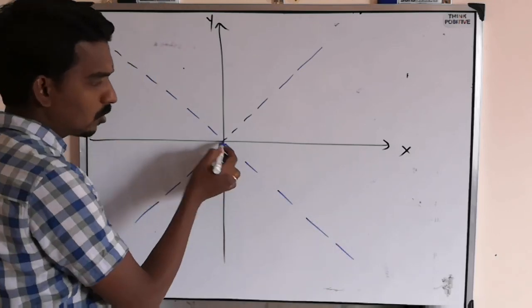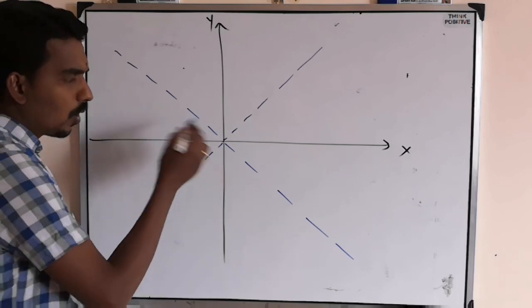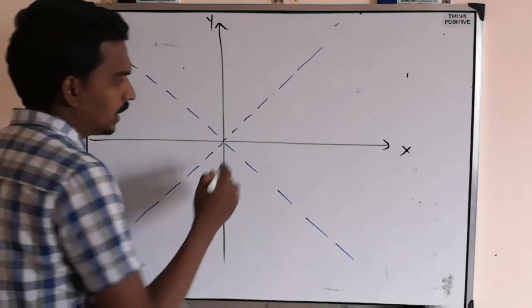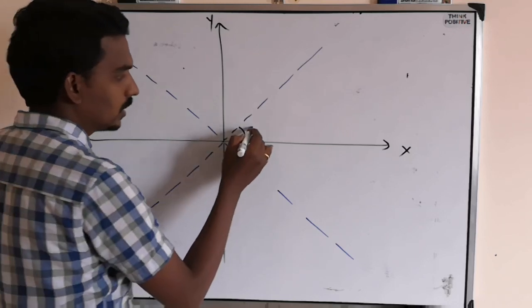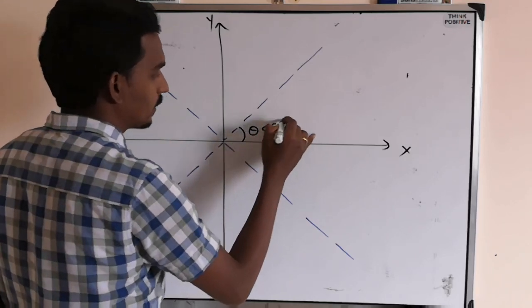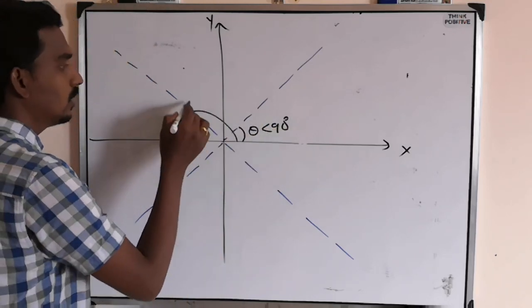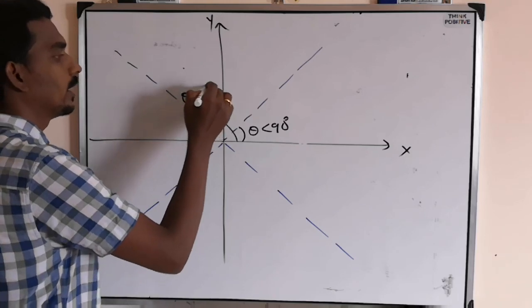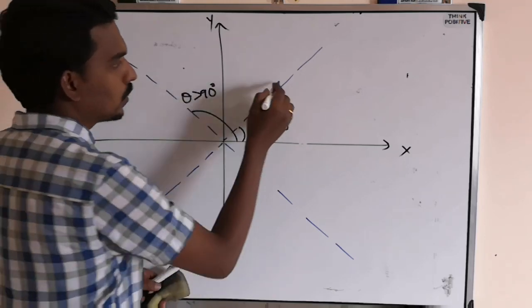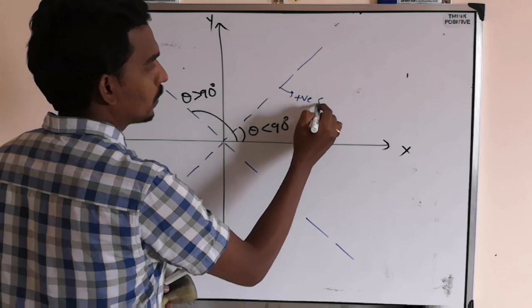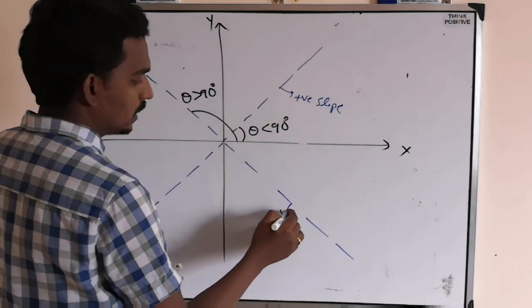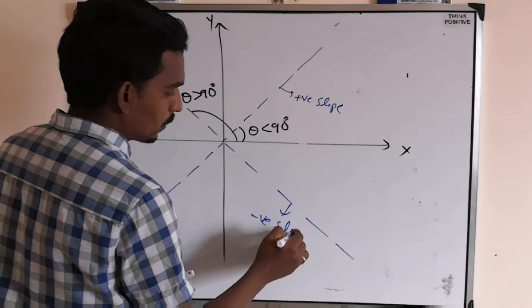This also, x 0 means y 0. But what is the difference? Here theta is less than 90, but for this one theta is greater than 90. So for this one, positive slope, but for this one, negative slope.